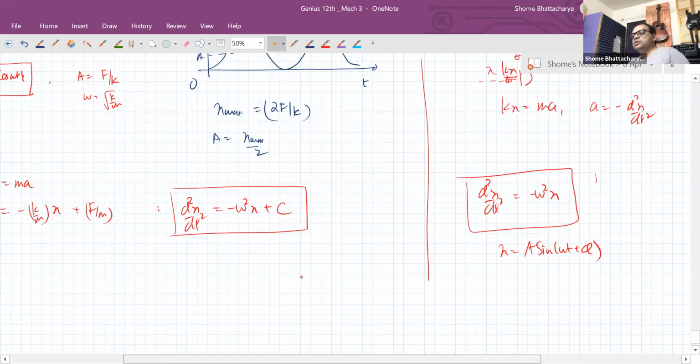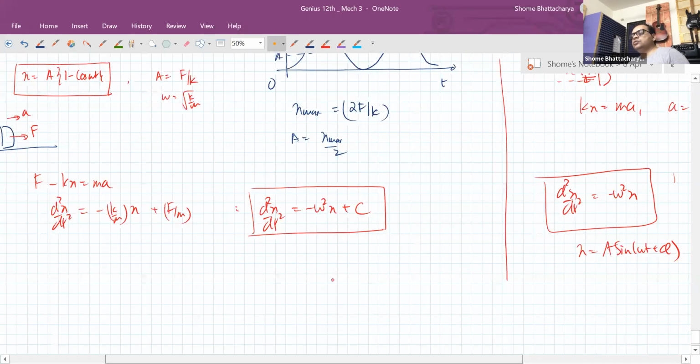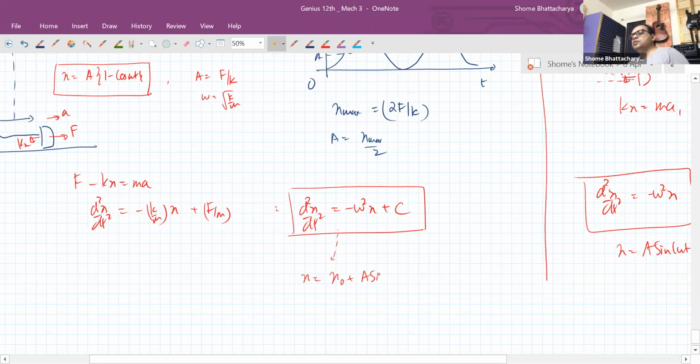So the solution of this is x is equal to some constant plus some amplitude into sine omega t plus phi. You see, only this kind of an equation satisfies this. So let's write this constant as something else.